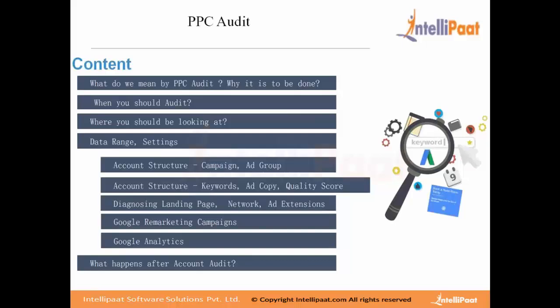So from the hierarchy point of view, after campaigns and ad groups come the keywords. What all keywords have been used and inserted within every ad group in a campaign? That needs to be looked at.